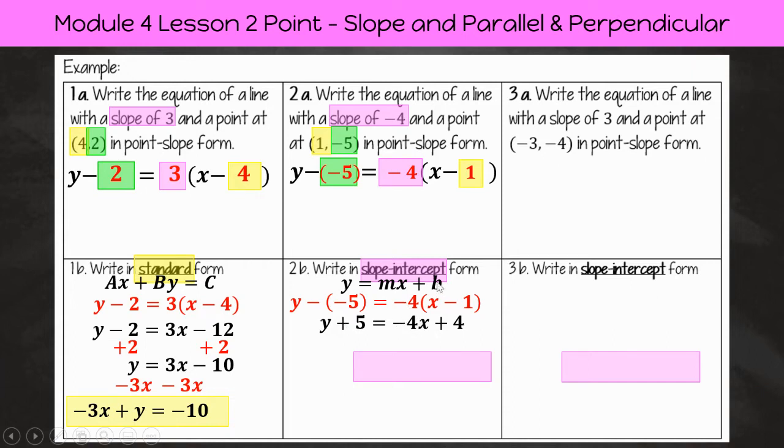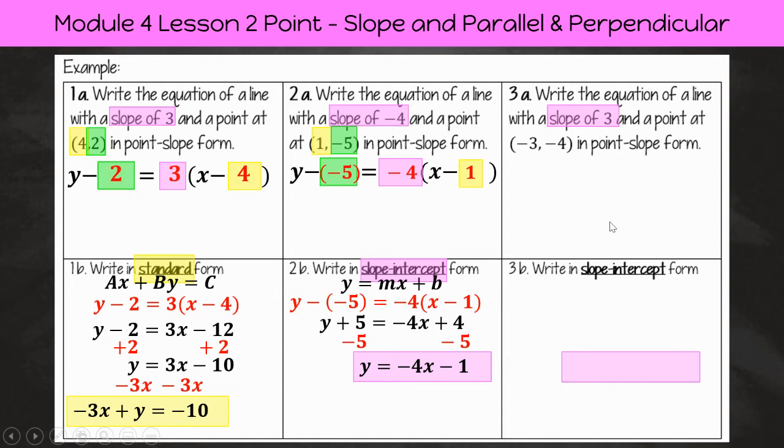And again, I have negative 4 multiplied by negative 1, so I have a positive 4. In my next step, I need to subtract 5 from both sides. And when I do that, I get y is equal to negative 4x minus 1. Now I've taken my point-slope form and transferred it to my slope-intercept form.